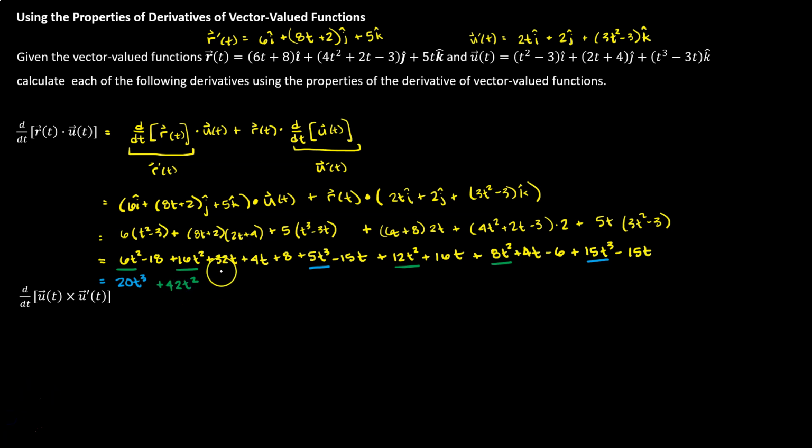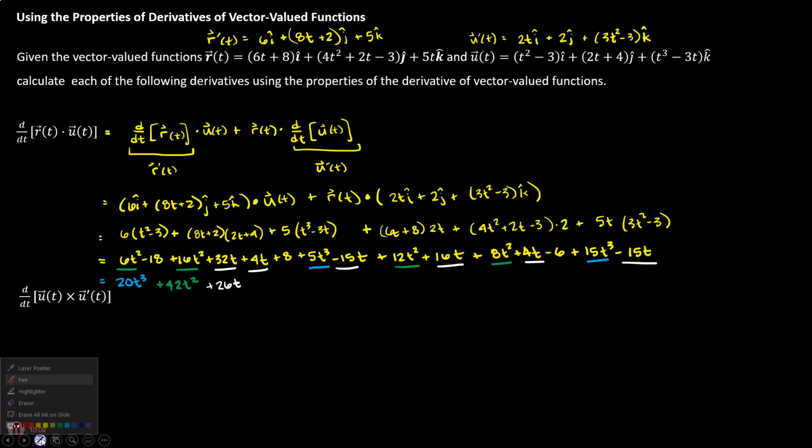Next, I'll look for the linear terms in t. Here I have a 32, a 4, a negative 15, a positive 16, a 4, and another negative 15 to get 26t. The only thing that is left is our constants.